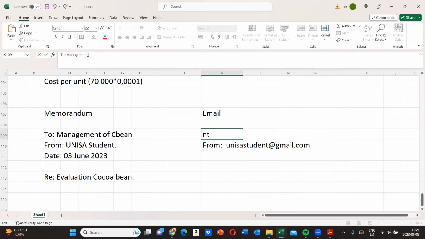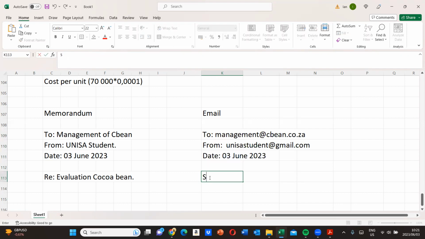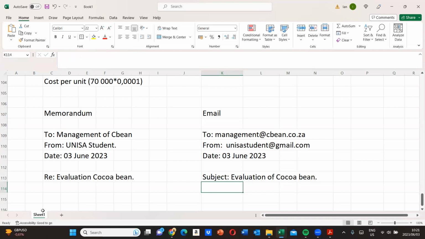Management at CBN at maybe .co.za. Sometimes they give you the emails. And then you write your date, and then you write your subject. What is the subject there? Evaluation of the cocoa bean. So that is basically how you go about it.